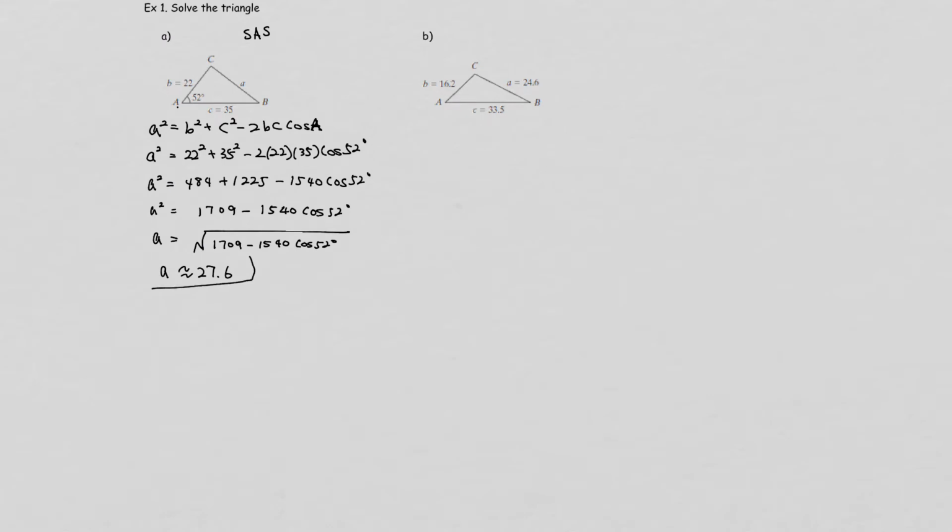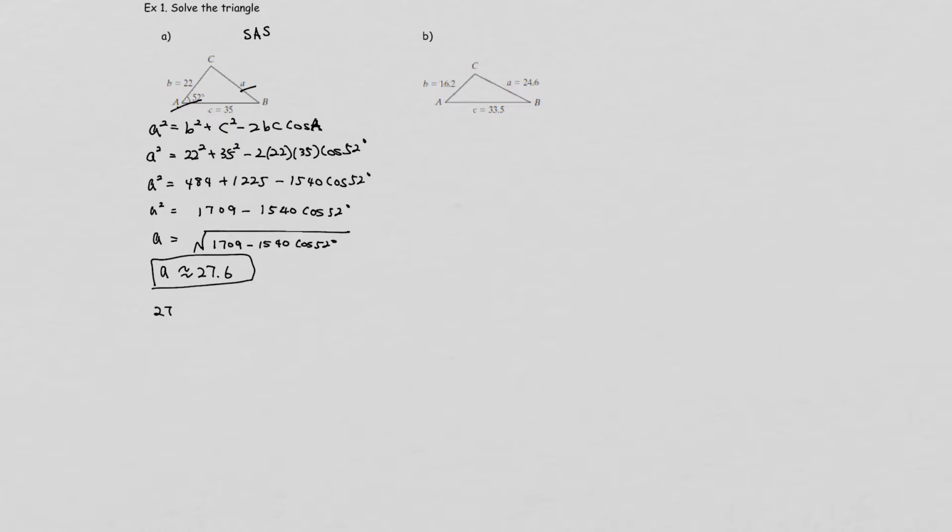Now with that, you have a matching angle and side. Now we can use the law of sine to find the other two angles. Let's find one more angle with the law of sine and the other one by subtracting from 180, right?